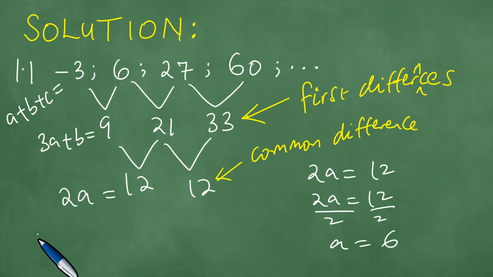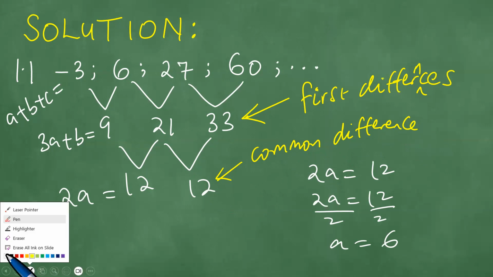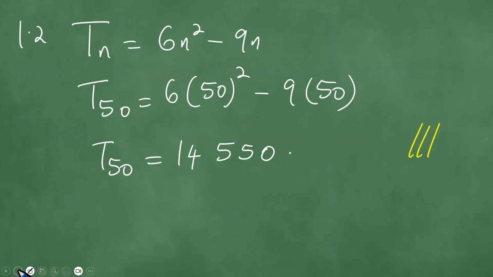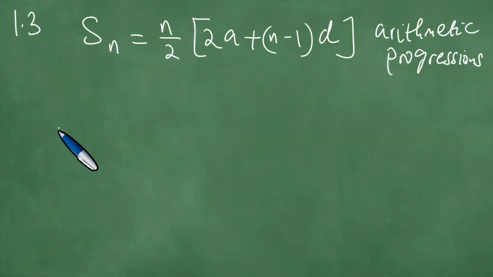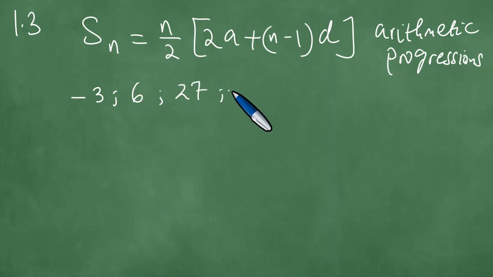So let's look at this question, but look at it very carefully and apply the skills we've learned in 1.1.3. Right, first things first, what is the pattern? The pattern is -3, 6, 27, 60, and so on.